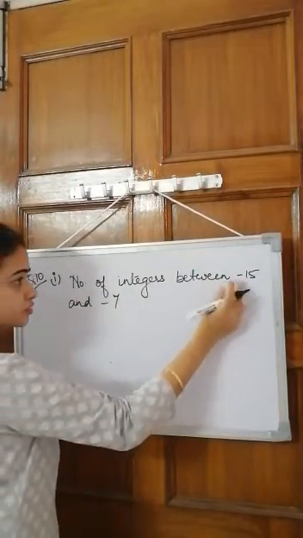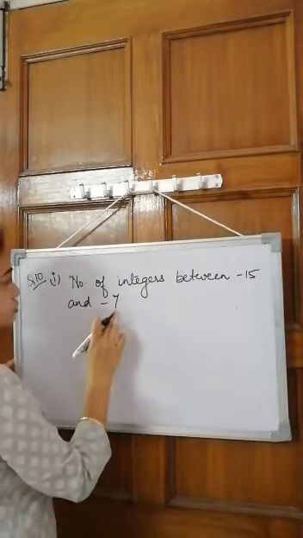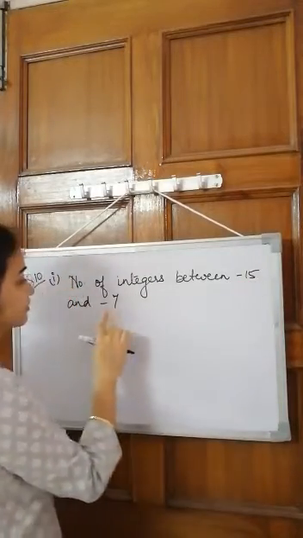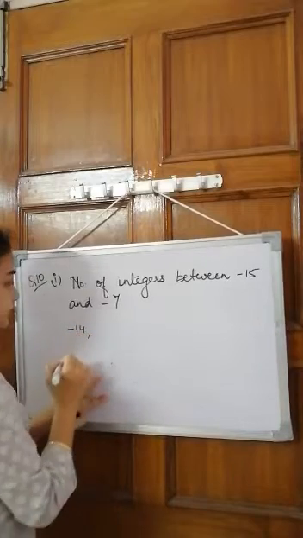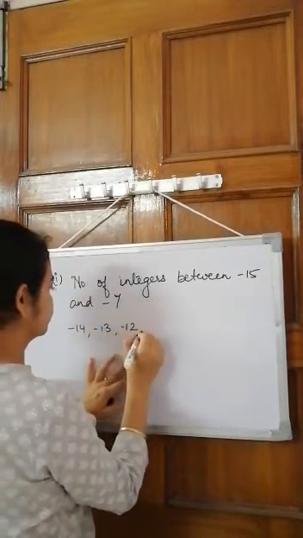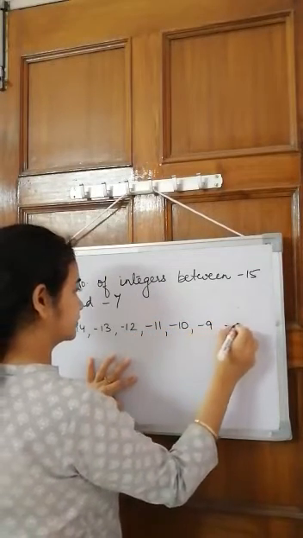Since they are saying between, you don't have to consider these two numbers, you have to take the numbers between them. So between minus 15 and minus 7 we have minus 14, minus 13, minus 12, minus 11, minus 10, minus 9, minus 8.